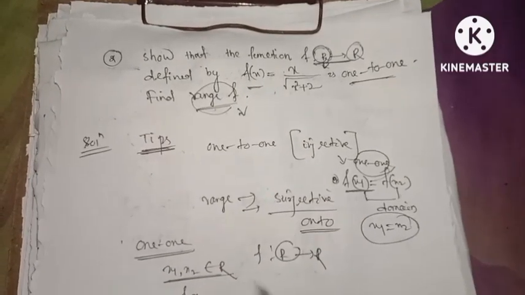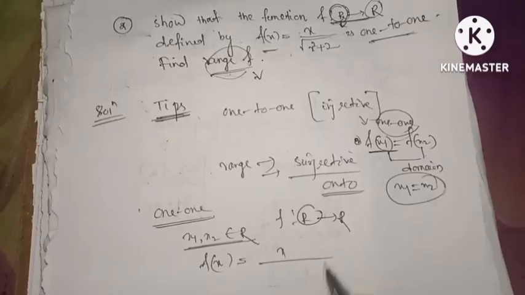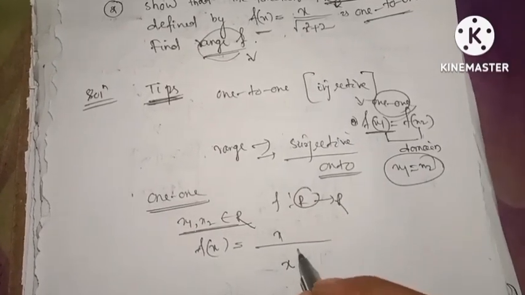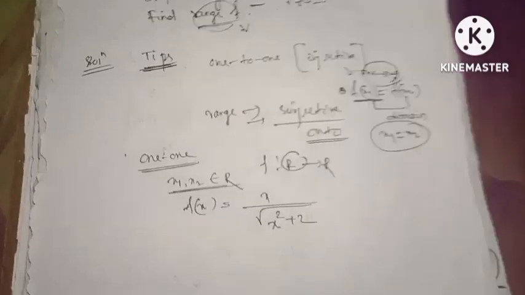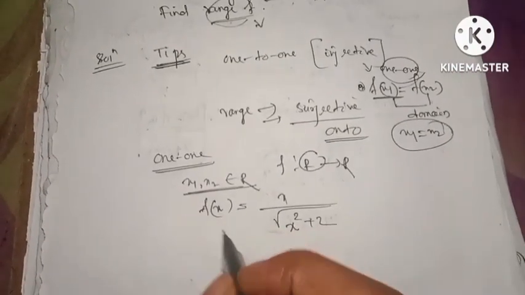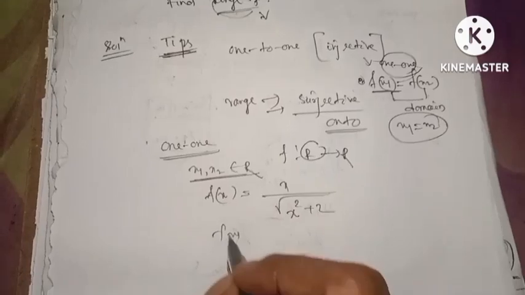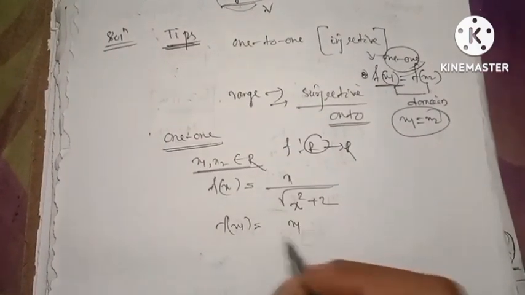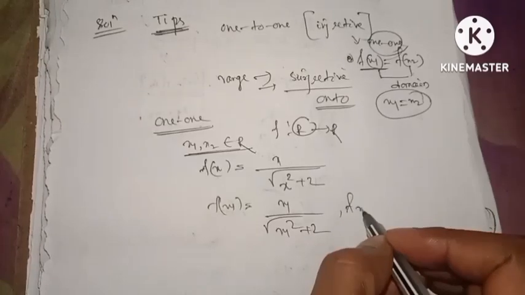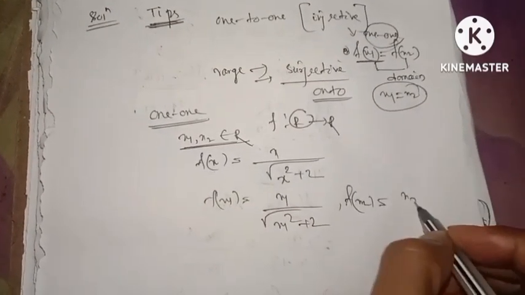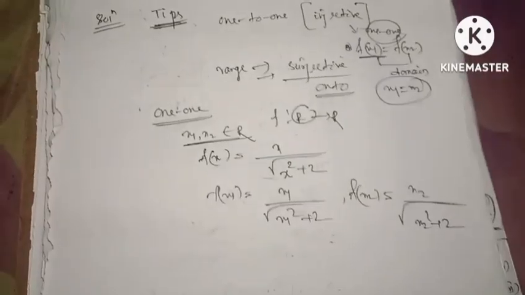Given f(x) = x / √(x² + 2), then f(x1) will be x1 / √(x1² + 2), and f(x2) will similarly be x2 / √(x2² + 2).